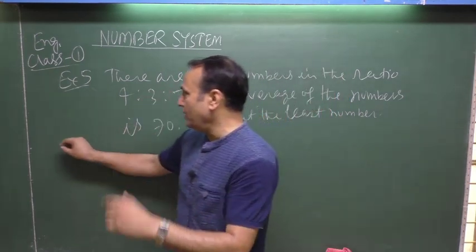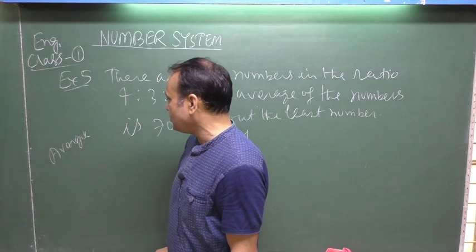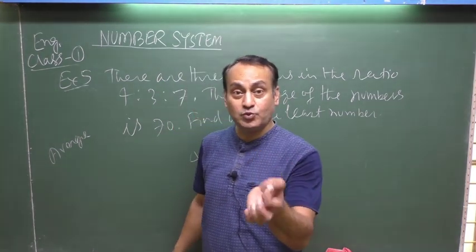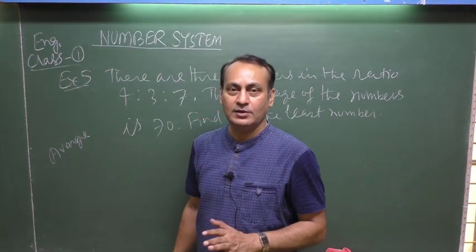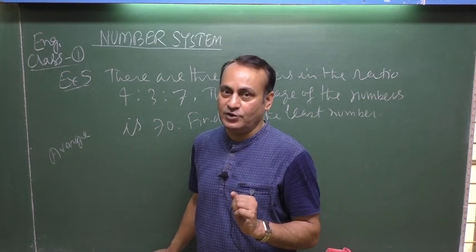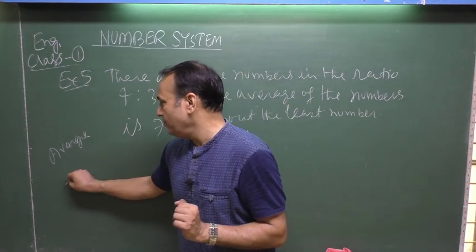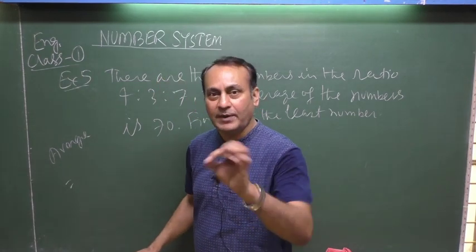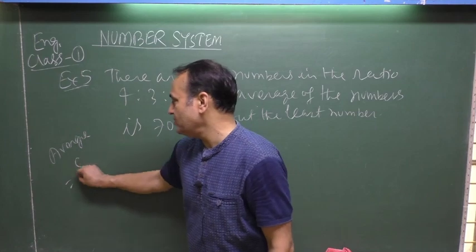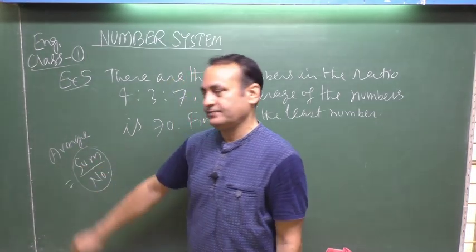You will have to understand average. For your knowledge, average is one lesson in your syllabus; 5 or 6 classes will be given to you on the average chapter. Average means sum total divided by the number of numbers.